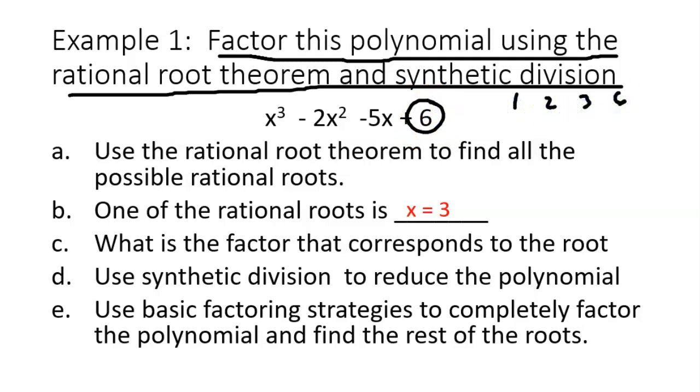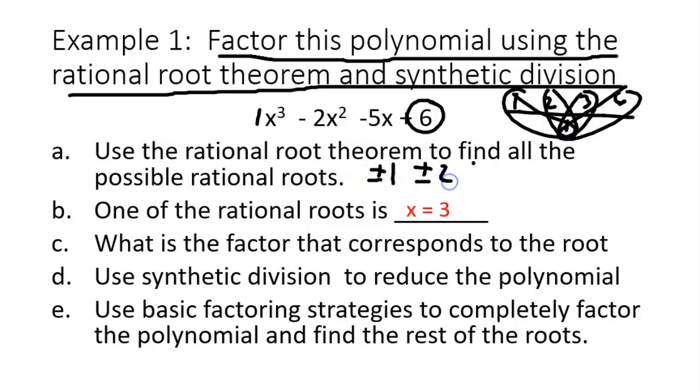Then you find all the numbers that go into the first number, which is just 1. And then you make as many fractions out of that as you can, and I'm only going to be able to make those ones. So I end up with plus and minus 1, plus and minus 2, plus and minus 3, plus and minus 6. So there are altogether 8 rational roots that are possibly roots for this function.